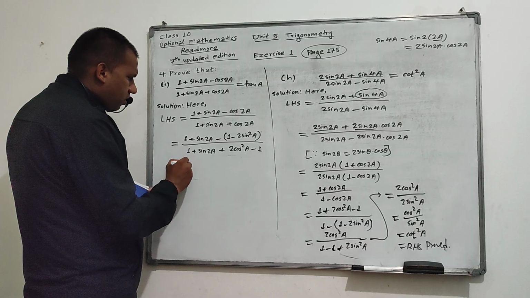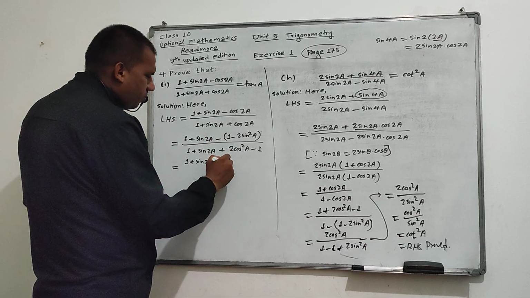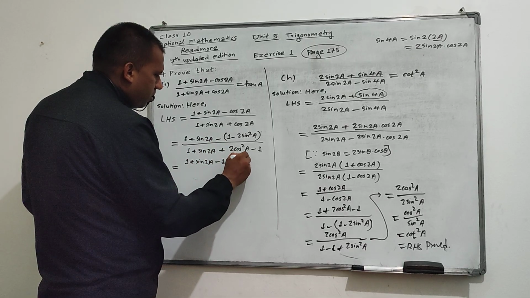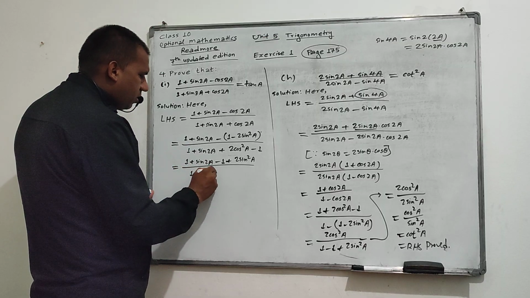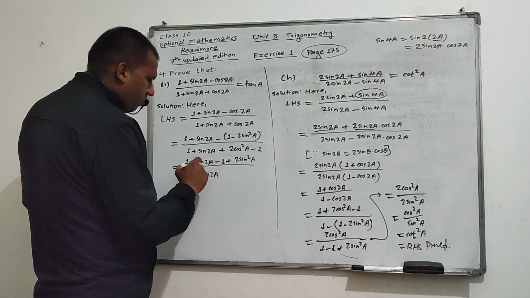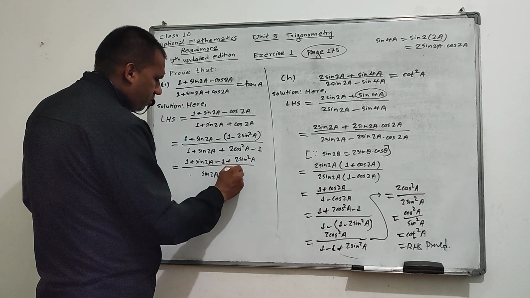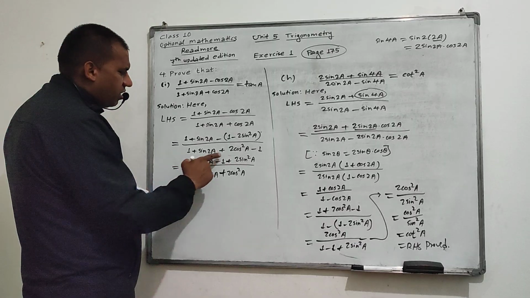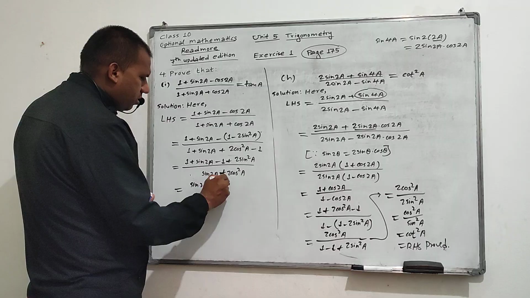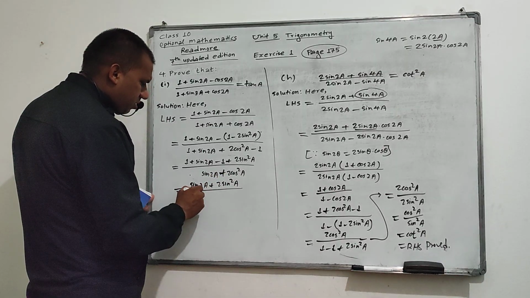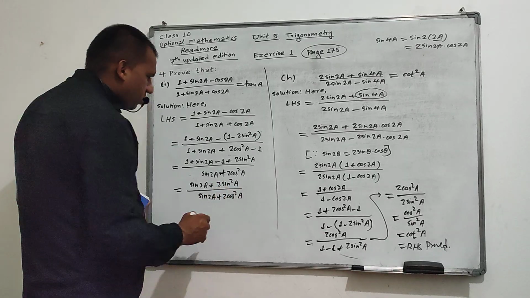This equal to 1 plus sine 2a minus 1 plus 2 sine square a all upon 1 plus sine 2a plus 2 cos square a minus 1. 1 minus 1 cancel out, remaining sine 2a plus 2 sine square a all upon sine 2a plus 2 cos square a.